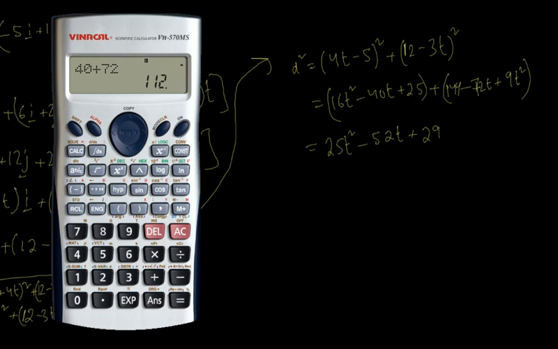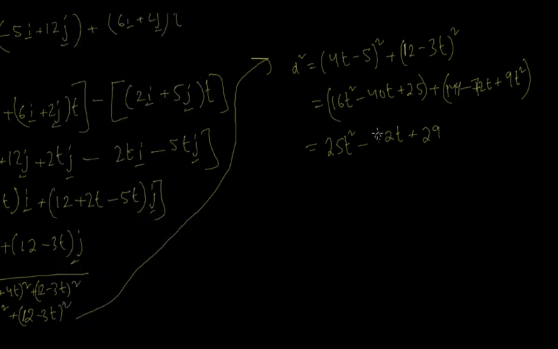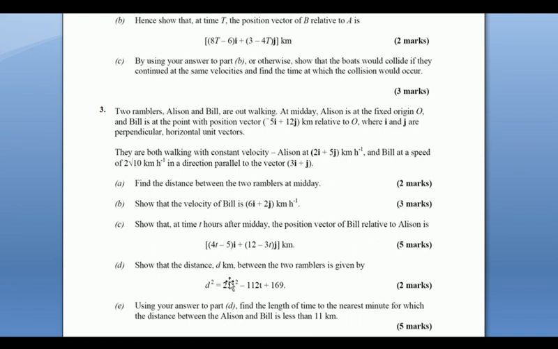So this will be 112, and this one here, 25 plus 144 is going to be 169. There we go, now it's correct. So minus 112t plus 169.